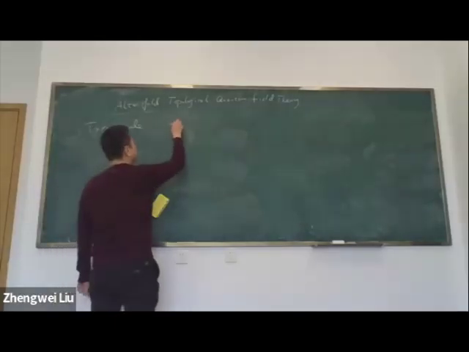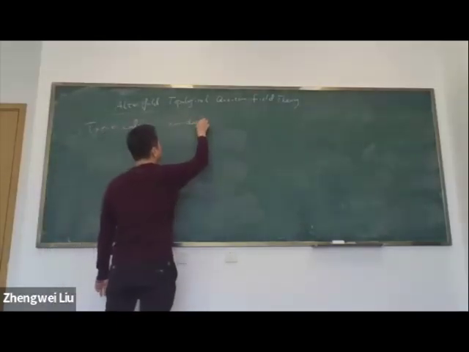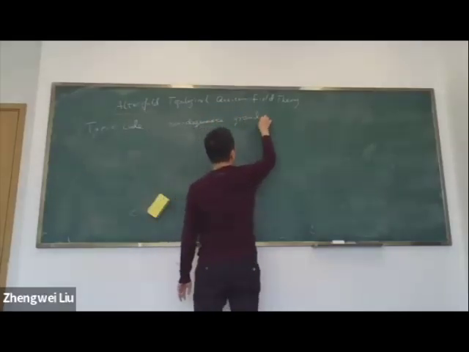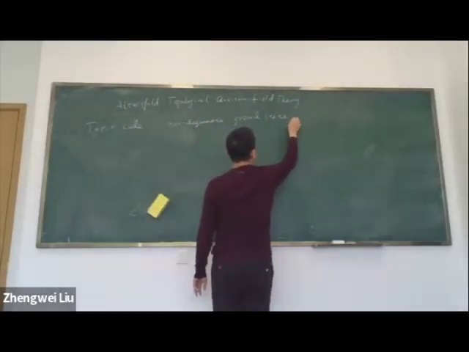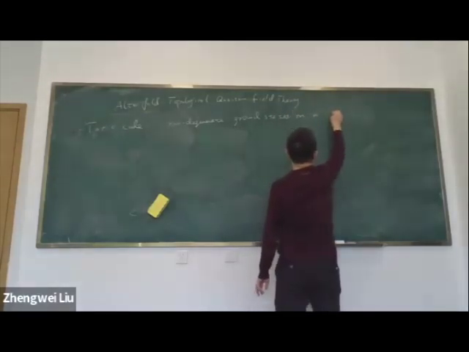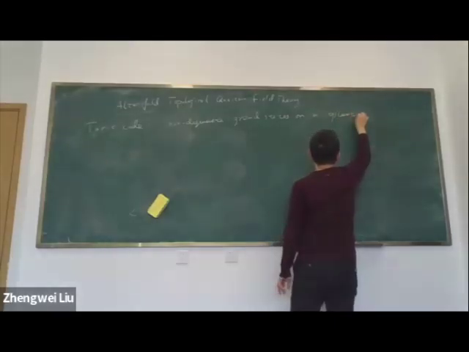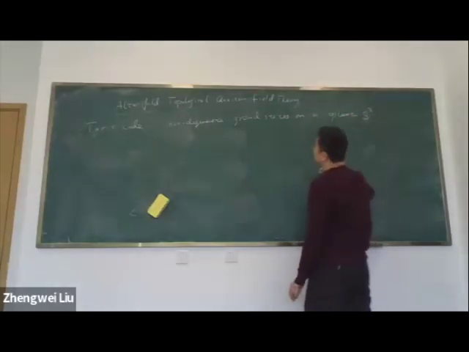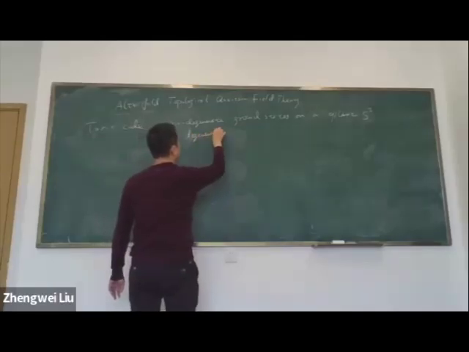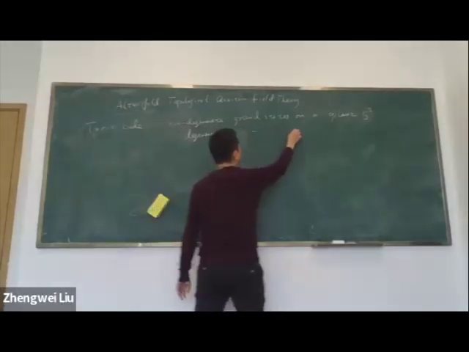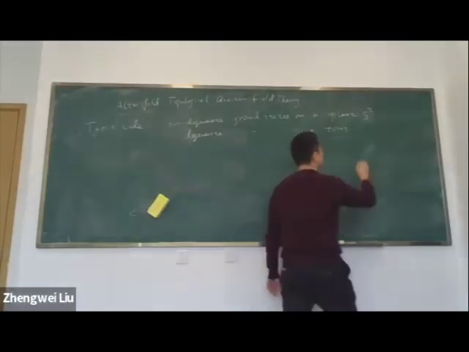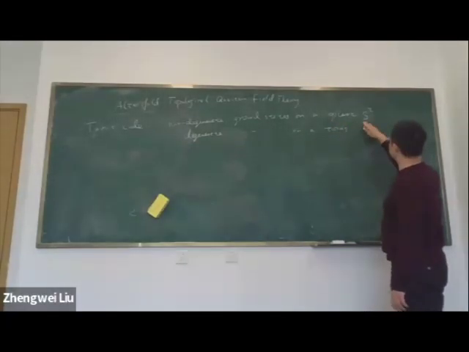First we will talk about two-dimensional things. It has a non-degenerate ground state on a sphere space. It is degenerate on the torus, and this is the reason we call it toric code.